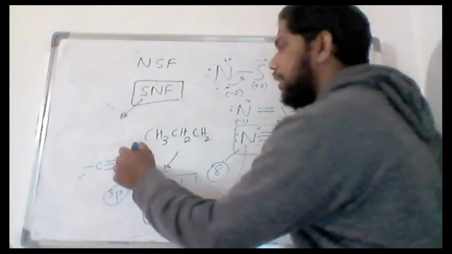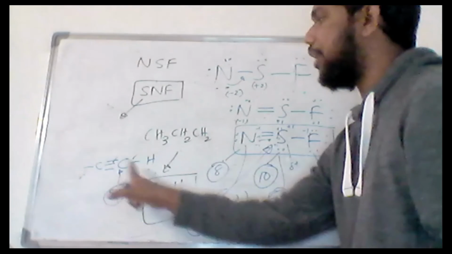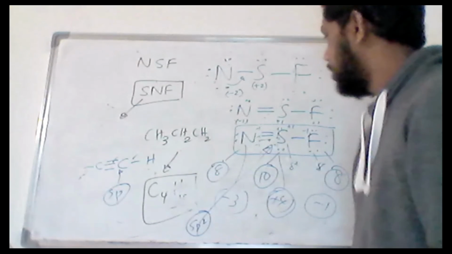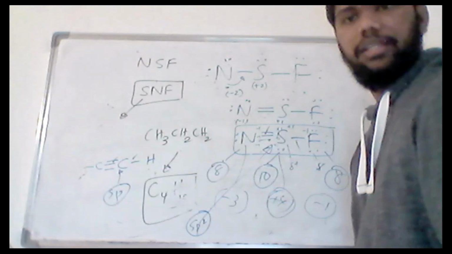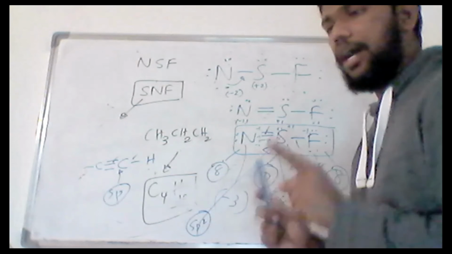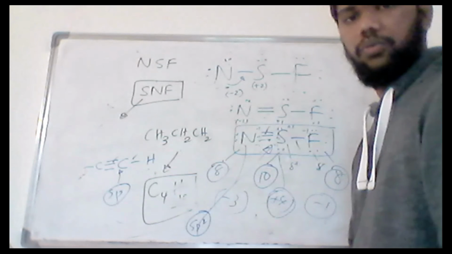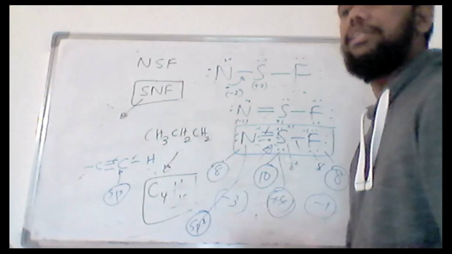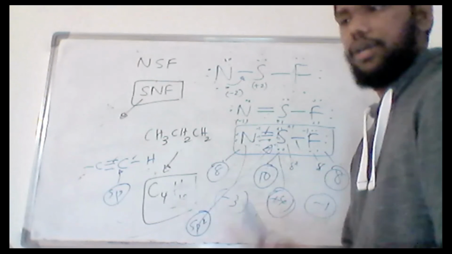In organic chemistry we take only the sigma bonds for hybridization. That is why there are 2 sigma bonds, s and p will be mixing, and this is sp hybridization. But here also there is 1 sigma bond, 1 sigma bond, so the hybridization should be sp. But remember, here the hybridization is not sp. The hybridization is sp2. Then you think why? The reason why this hybridization is sp2 is beyond the scope of your syllabus.